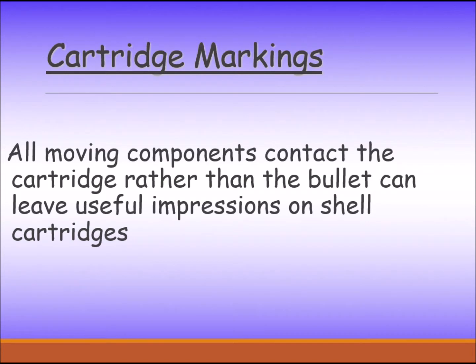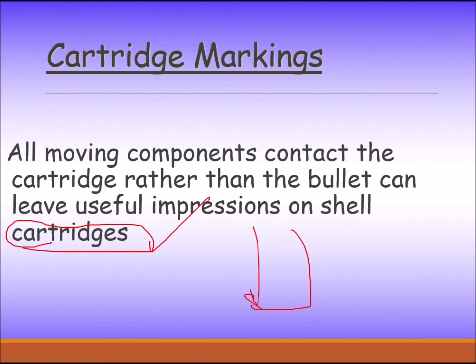Now, other markings can be used. These are the markings made on the cartridge of any firearm. Because all moving components contact the cartridge rather than the bullet, they can leave useful impressions on the shell of the cartridge. So these markings on the shell of the cartridge are also important in identifying a particular weapon.